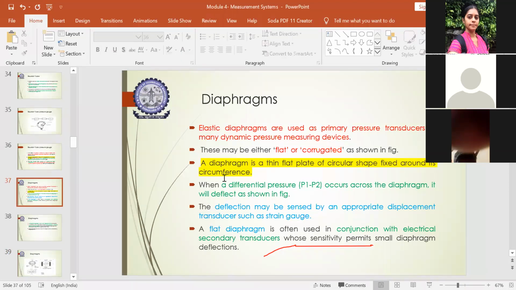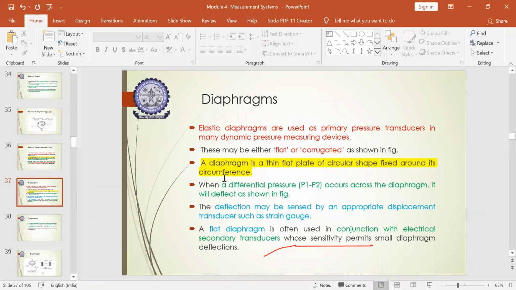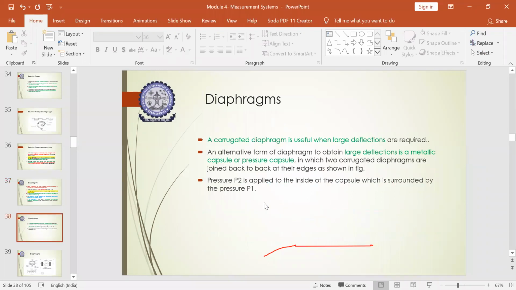The application and the working principle is almost similar in the case of diaphragm-type mechanical transducers. So you can understand the same concept: a thin flat plate of circular shape fixed around its circumference. When a differential pressure occurs across the diaphragm, it will deflect.